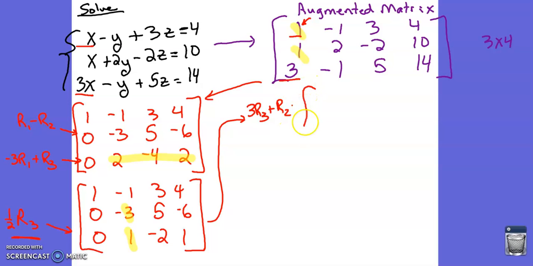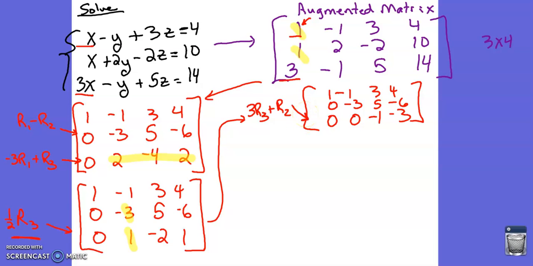So again, row 1's not going to change. So again, notice what I did is I took 3 times row 3, and then I added it to row 2, and I chose to put it in the bottom row.